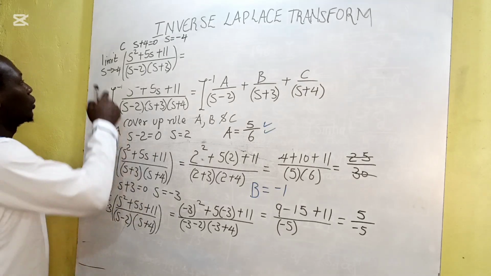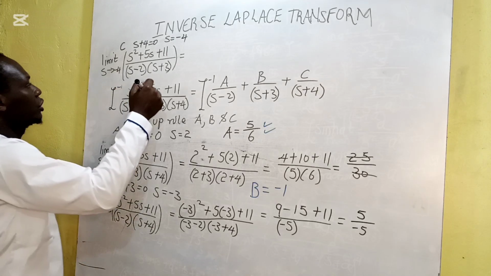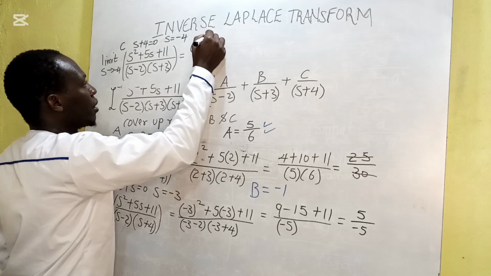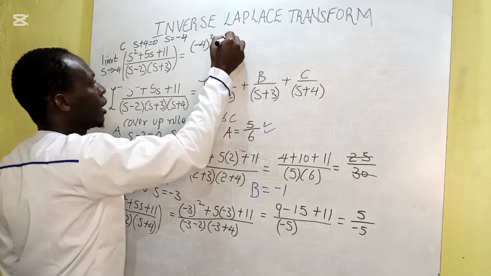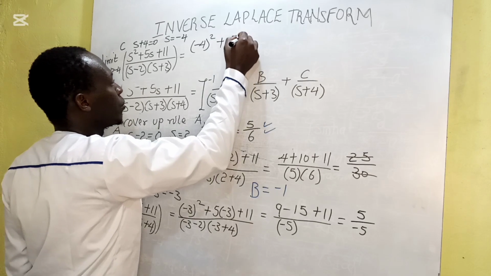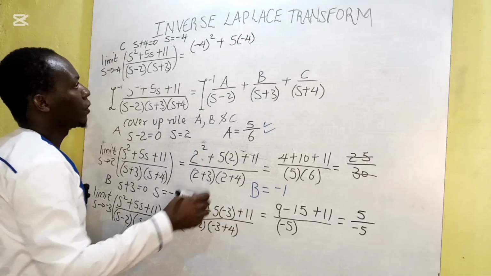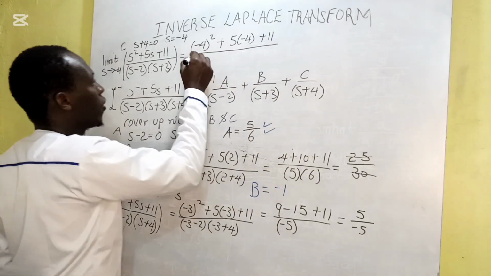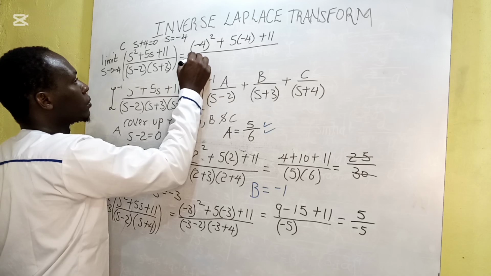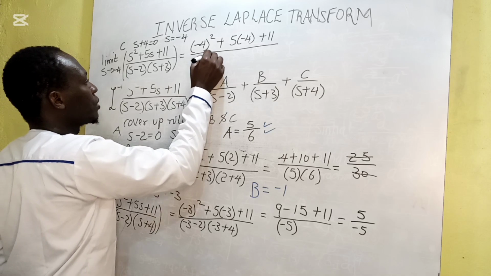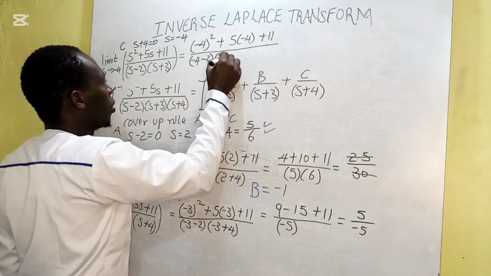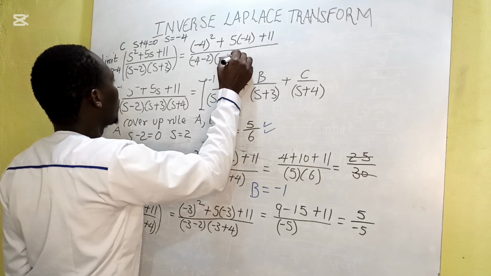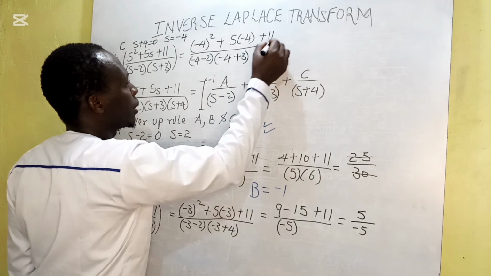Everything will be equal to, because we have our limit as S approaches negative 4, negative 4 everything squared. We come and add to 5, we multiply by negative 4, we add to 11, everything all over negative 4, we subtract from 2 all over into negative 4, we add to 3.